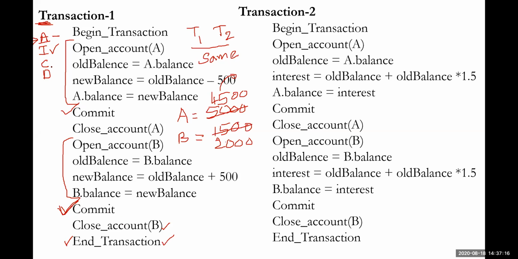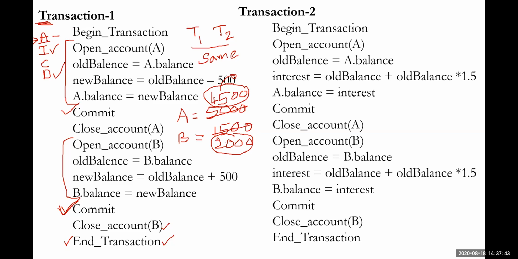After execution of this transaction, what are you expecting? 4500 as the balance of A, and 2000 as the balance of B after completion of the whole transaction. Yes, the same kind of values have occurred here in terms of A and B accounts. So consistency: one consistent state has moved to another consistent state after execution of this transaction.